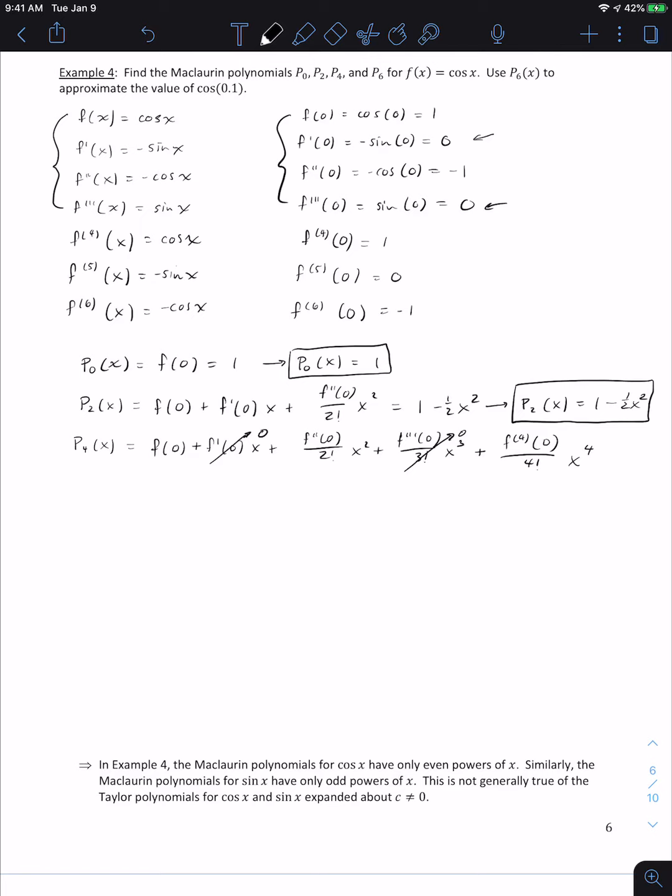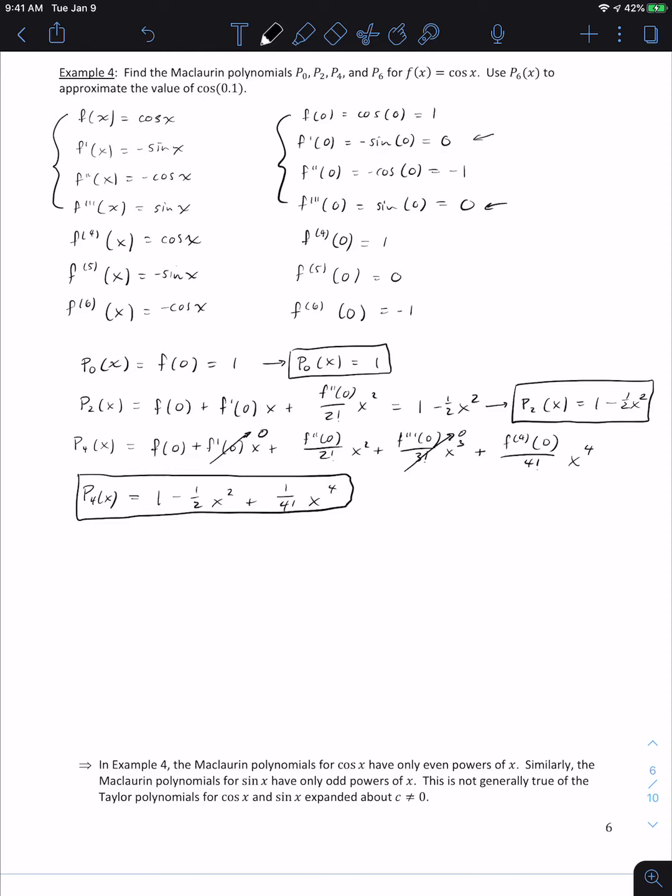Because all the odd derivatives are 0. So really, it's just going to be all the even ones that survive, right? So it looks like 1 minus 1/2 x squared. And now the fourth derivative is positive 1, so plus 1 over 4 factorial x to the fourth. Right, so that's what p sub 4 of x is.